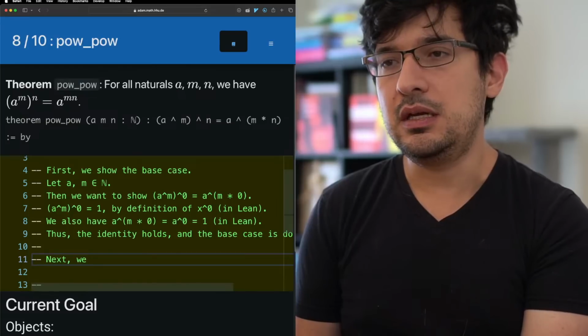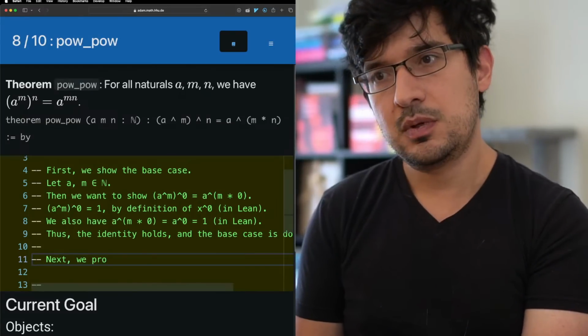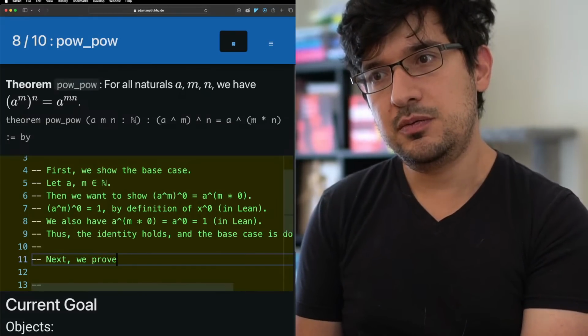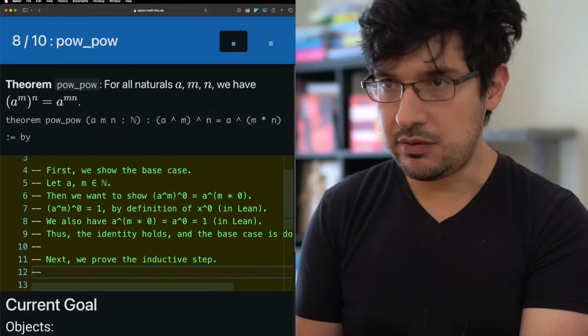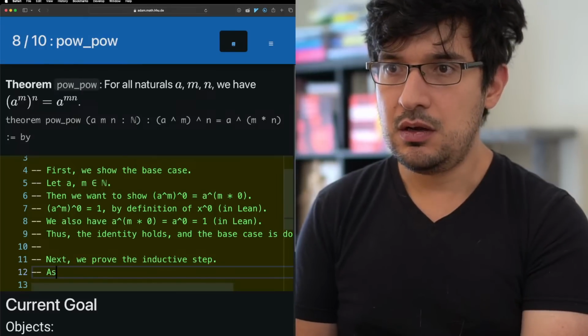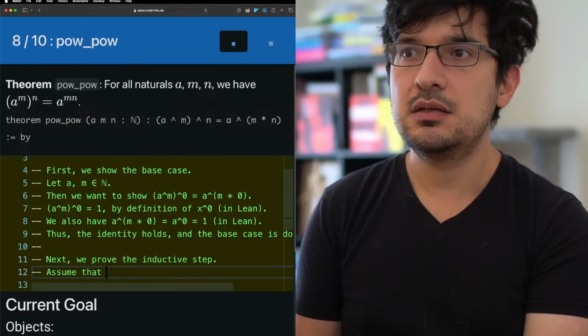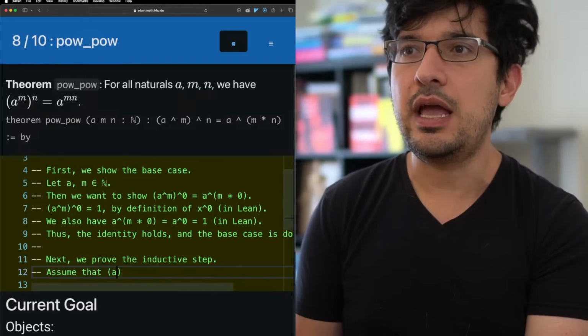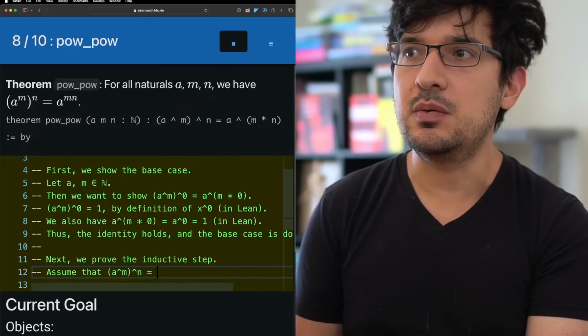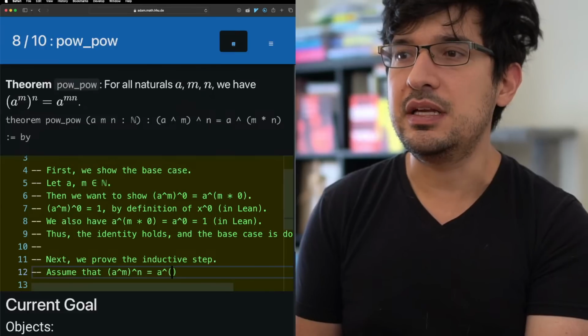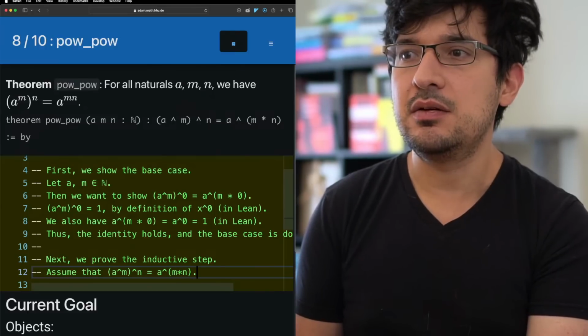Next, we prove the inductive step. Assume that a raised to the m raised to the n equals a raised to the m times n.